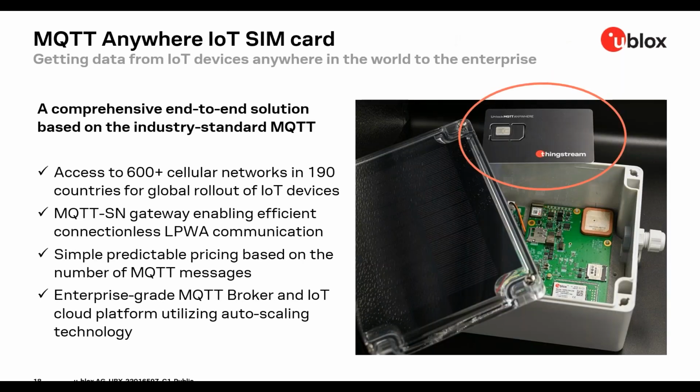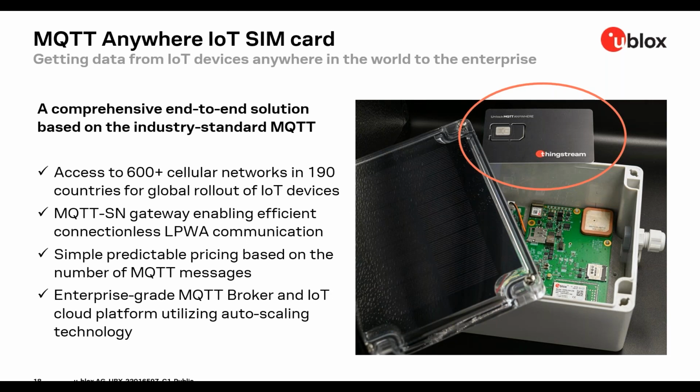All right, let's look inside that box and see what's in there. There are a number of u-blox hardware components in there, but the one I want to feature today is shown in the circle there. They are using the MQTT Anywhere IoT SIM card to get that data from these devices on the wind turbine blades up to the cloud. Just to review, this IoT SIM card has access to 600 cellular networks in 190 countries.